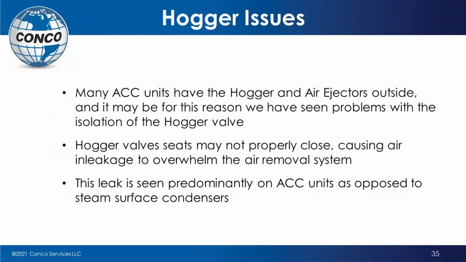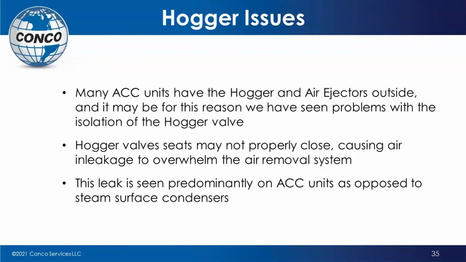Run into a lot of hogger issues. Now, on an ACC unit, the hogger and the air injectors are outside, so they're sitting out there in the elements. They can be subjected to a wide range of temperatures, pressures, snow, whatever. And for that, they run into a lot of issues with the hogger itself and the hogger valve.